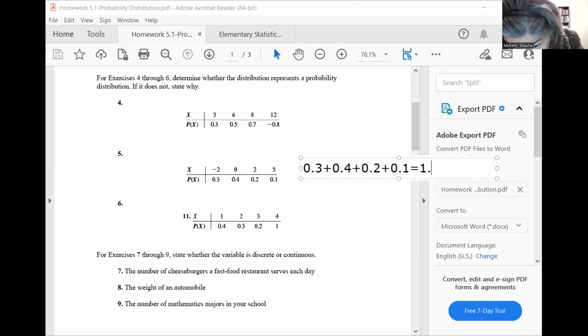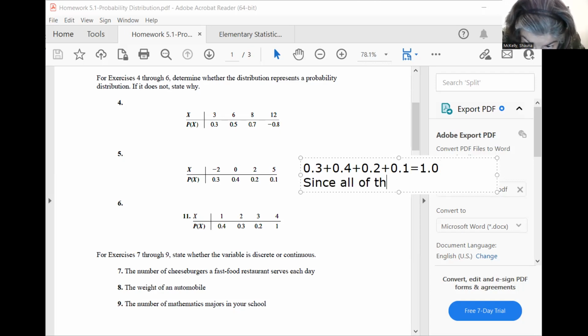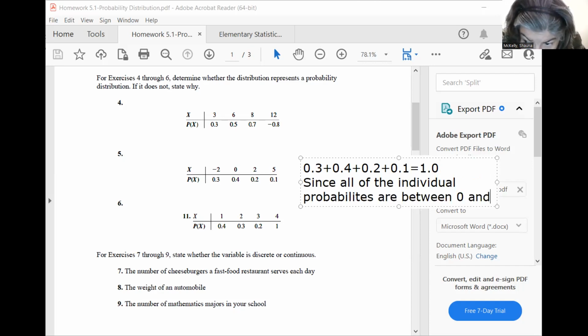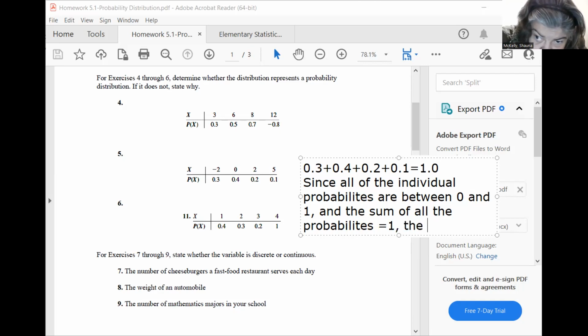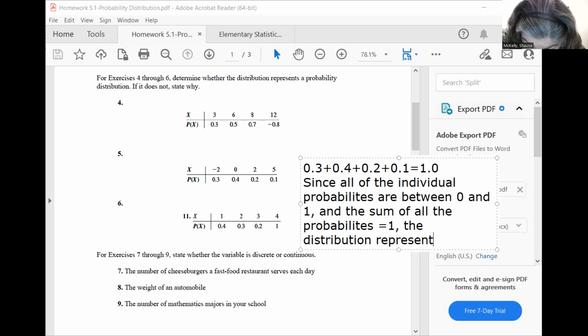So this checks, okay? And so since all of the individual probabilities are between 0 and 1, and the sum of all the probabilities equals 1, the distribution represents a probability distribution, okay?